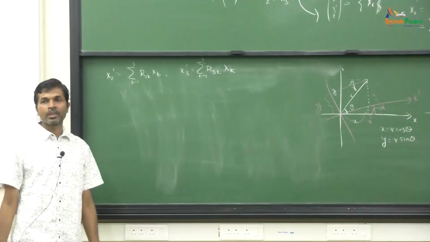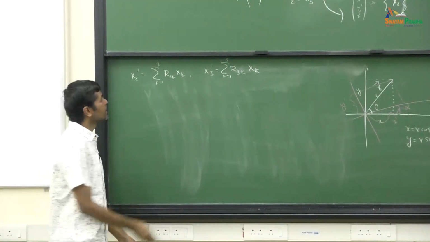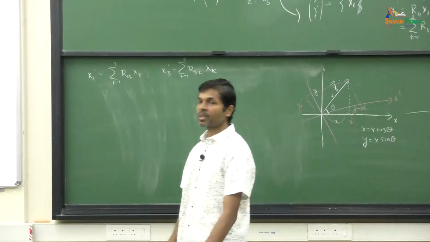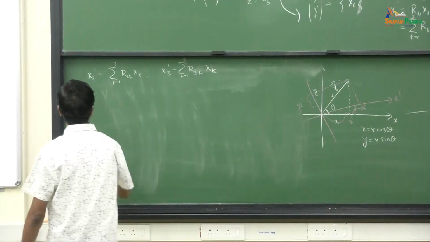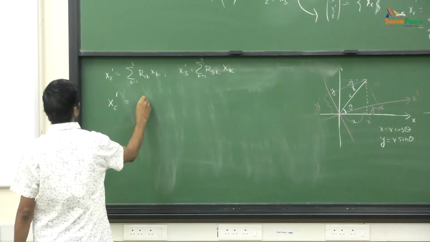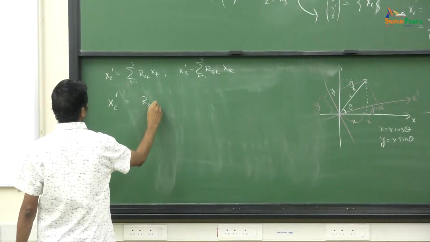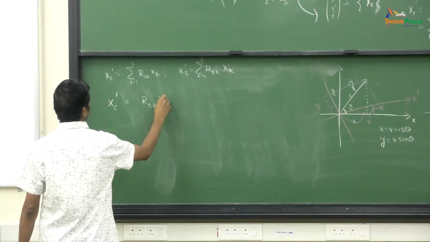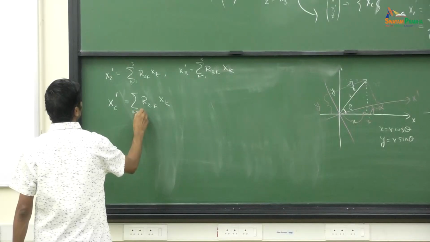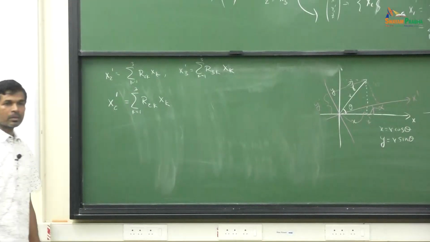And therefore, now you see all these 3 relations I can write in a compact way, saying that xi prime is the sum over k, k equal to 1 to 3, of R_ik x_k.